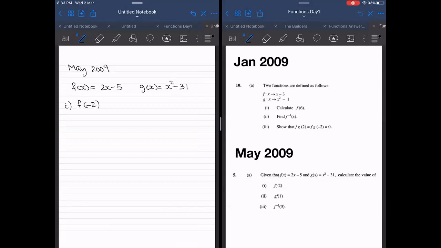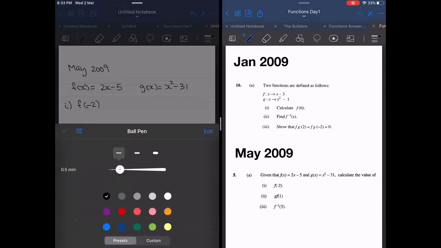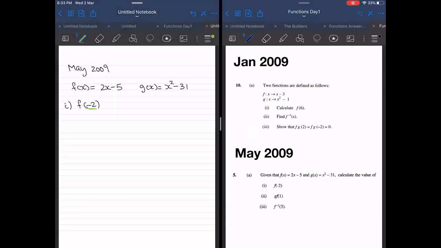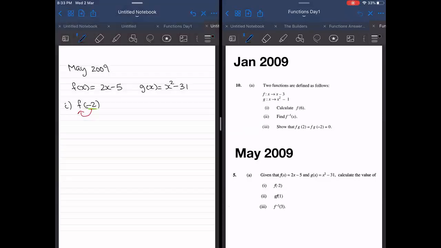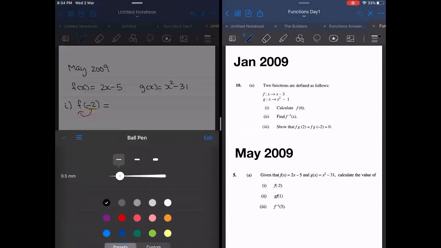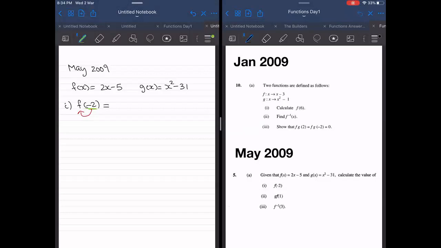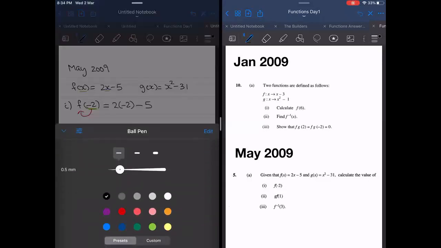So f of minus 2, hopefully we're getting the hang of it by now, means that I need to insert minus 2 into f. So it means wherever I see x, I am going to put minus 2.